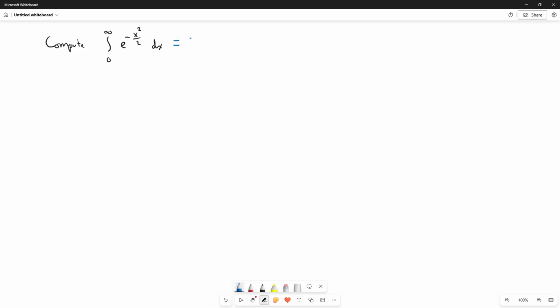So let's call this integral capital I. That means that I squared is this integral times itself. So the integral from 0 to infinity of our integrand. And now for the second copy, I'm just going to change the variable here to a different letter.